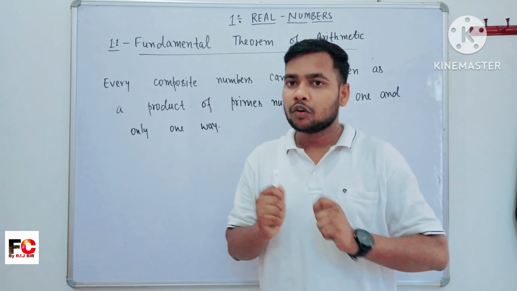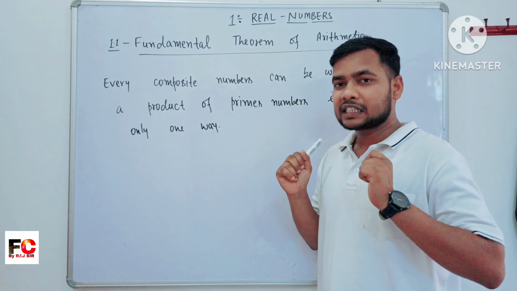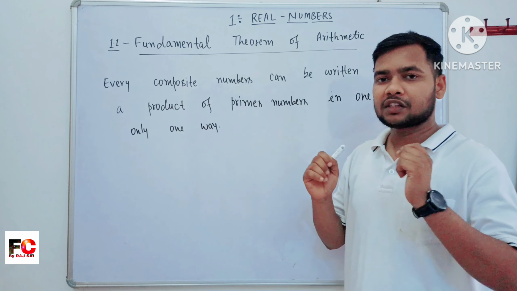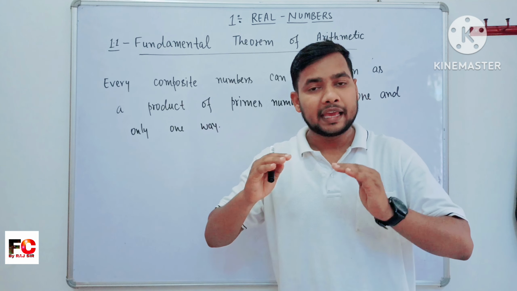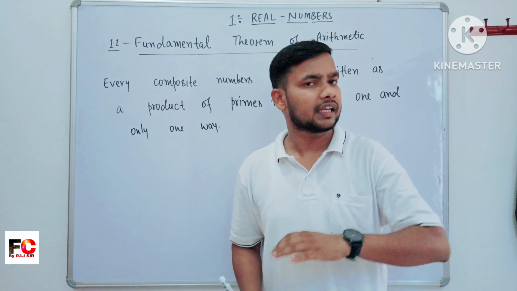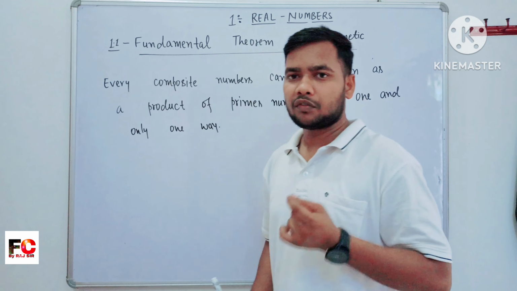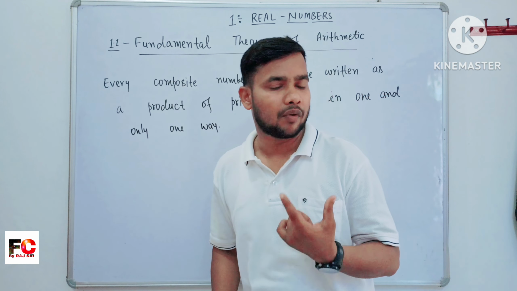If you look here, a new word comes: composite number. What is a composite number? The definition of a composite number is any number which has 3 or more than 3 factors. For example, 4 is a composite number. Why?